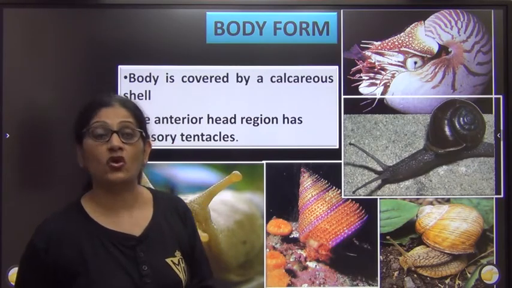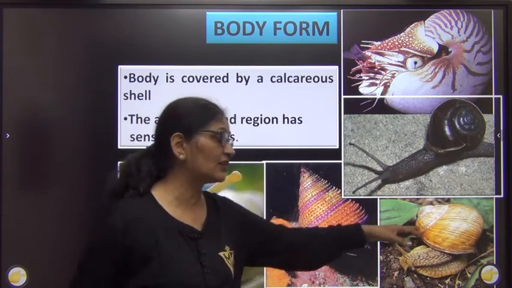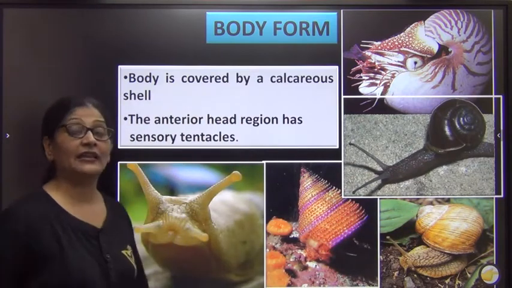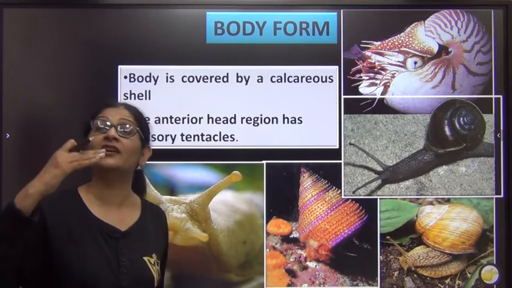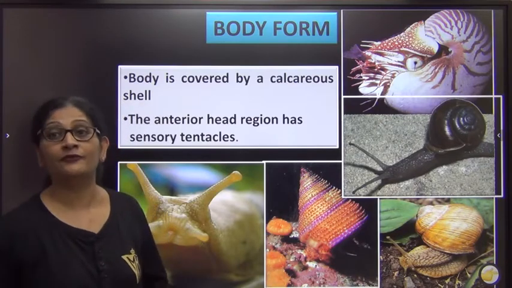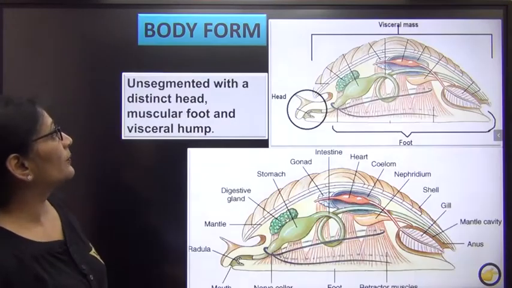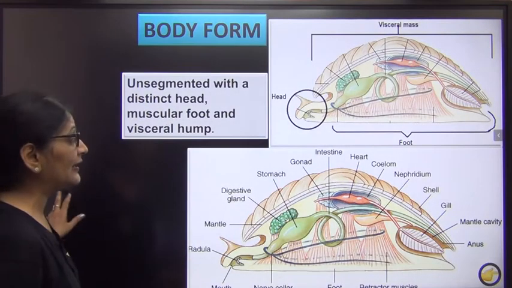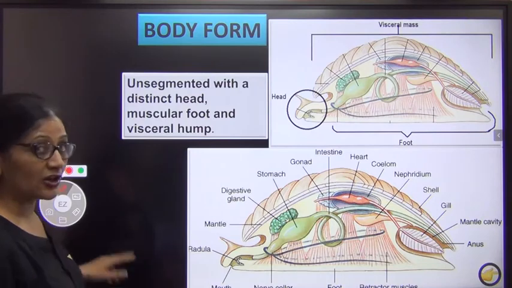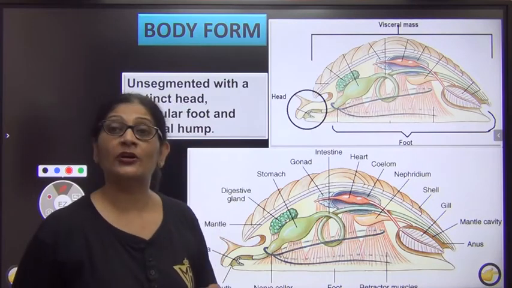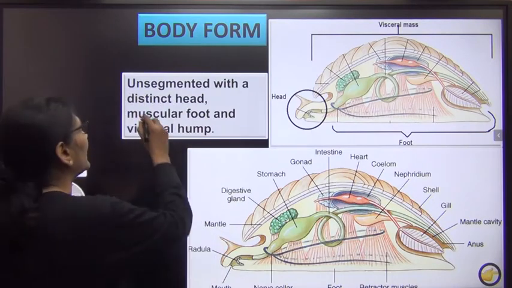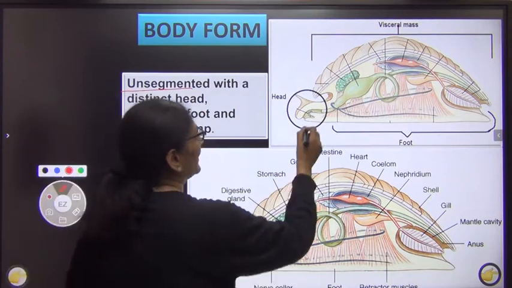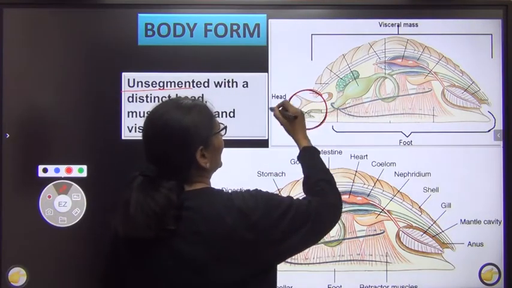Since the body is soft, most of them have an external covering of calcareous shell. In them the body is divided into head, trunk or body, and foot as well. Just see this, the body is unsegmented. Unlike annelid, arthropod and chordate, where the body is metamerically segmented, in them it is unsegmented. There is a definite region called the head.